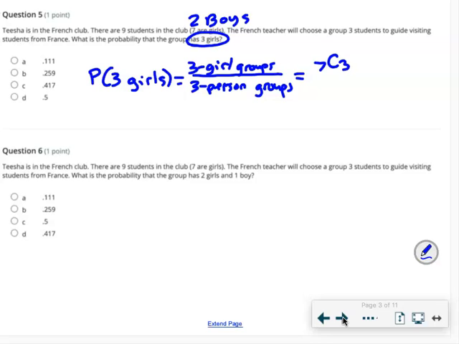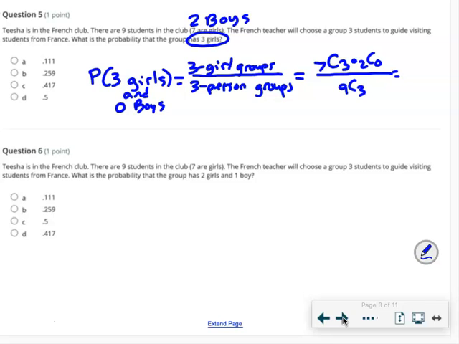Technically, you got to think about how many boys would be in this group, which will help us with question 6. There's only 2 boys, and we're going to choose 0 of them. That really doesn't do much to our math, because 3 girls really has also 0 boys. On the bottom, we have a total of 9 people to choose from, and we're choosing 3. So 9 choose 3 gives us the amount of 3-person groups that are possible.